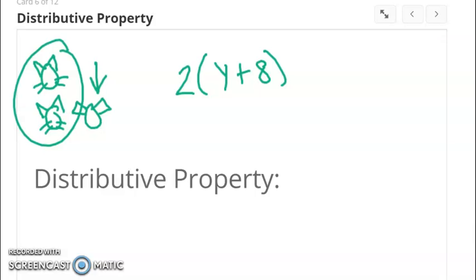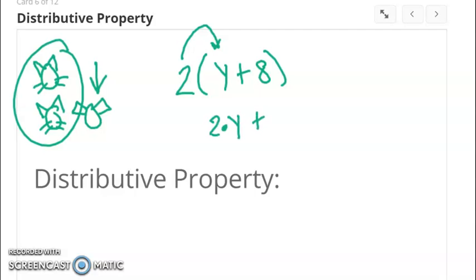Since I can't add a y and an 8, in order to simplify this expression, I have to distribute. I have to multiply the number outside of the parentheses by both numbers inside the parentheses. I have to distribute or pass the 2 through the parentheses. So I'm going to do 2 times y.